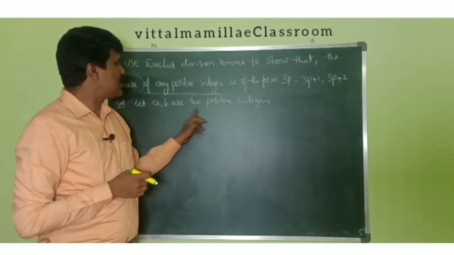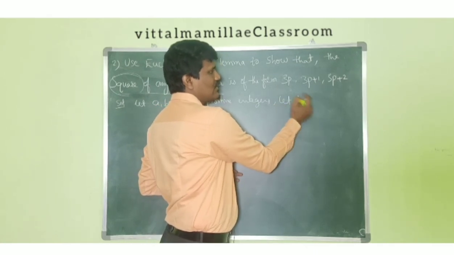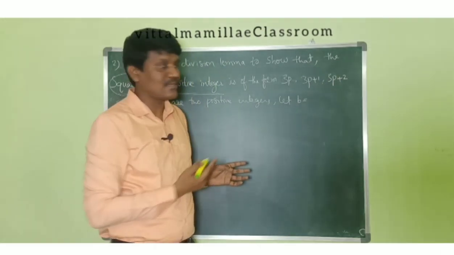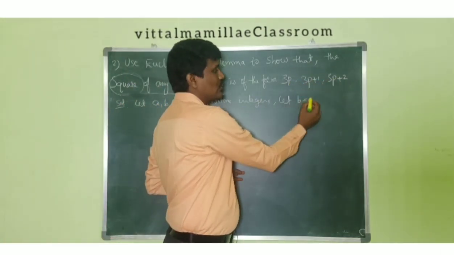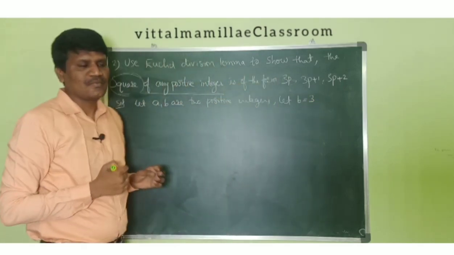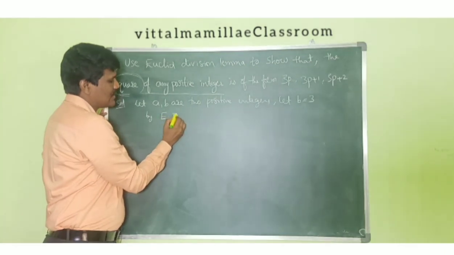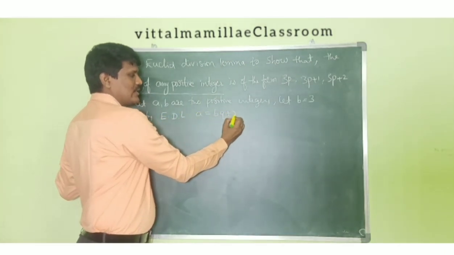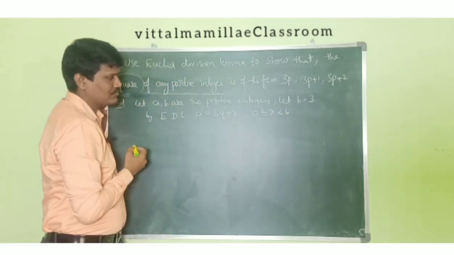So let a, b be two positive integers, and we should suppose b is equal to how much here? Whatever the multiple is there, that you should take as the multiple of p here, 3p, 3p plus 1, 3p plus 2. So you should take b is equal to 3. So whenever b is equal to 3, by Euclid division lemma, what can you write? We have a is equal to bq plus r, 0 less than or equal to r less than b.